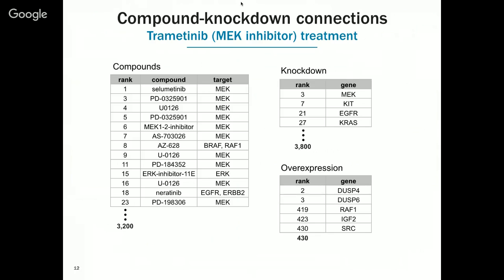So putting all this together, if you want to shut off a pathway, for example, that is triggered by one of these genes, you would then query this database and come up with a list of compounds. And because compounds are simply more therapeutically easier to administer in a clinical setting than a genetic reagent, at least as of now, compounds are more powerful in that manner from a therapeutic discovery perspective.